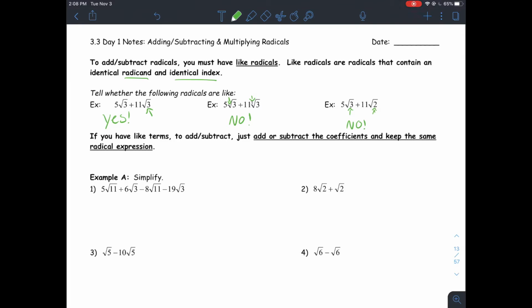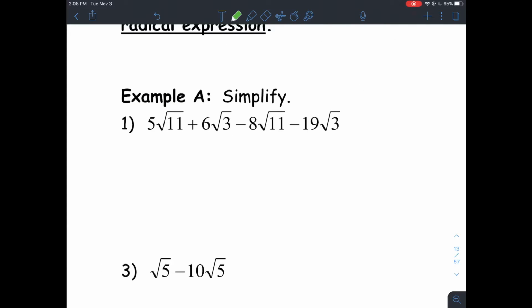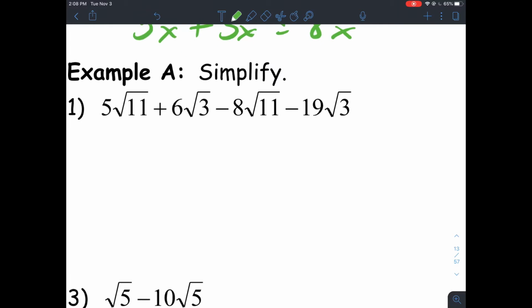It says if you have like terms to add or subtract, just add or subtract the coefficients and keep the same radical expression. So really the way that you treat radicals when you're adding and subtracting them, you treat them just like variables. So think about if we had 3x plus 5x, that's going to give us 8x, right? That's pretty much what we're doing here.